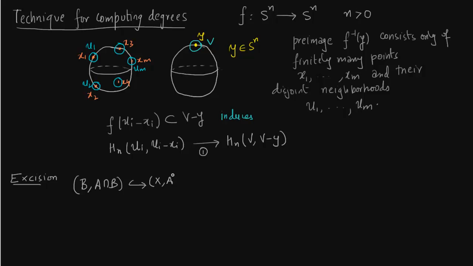So now I want to recall excision. Space X is completely covered by the interiors of A and B. Then we have the following isomorphism of the homology groups. So we are recalling this fact.